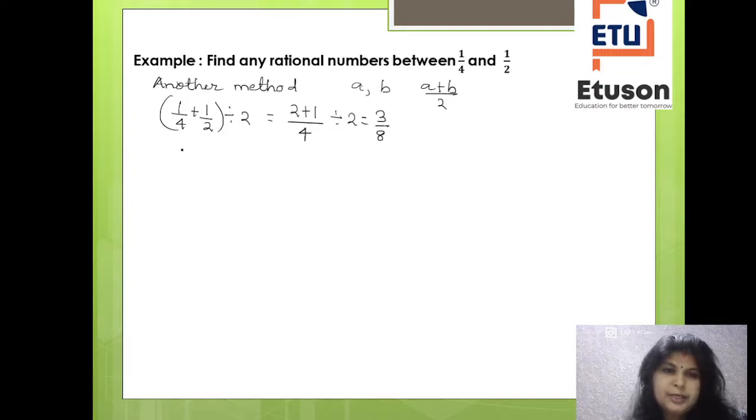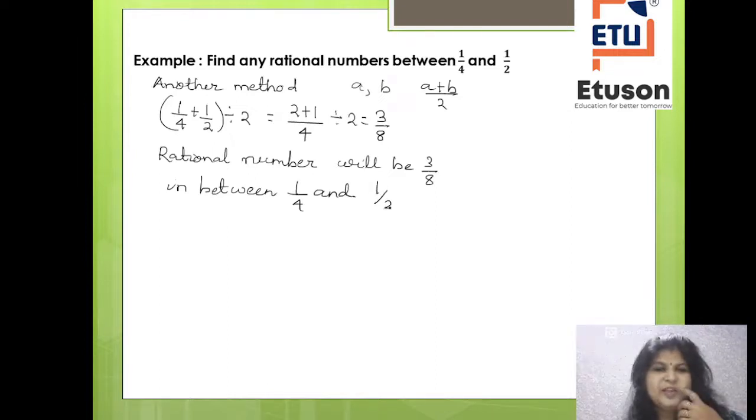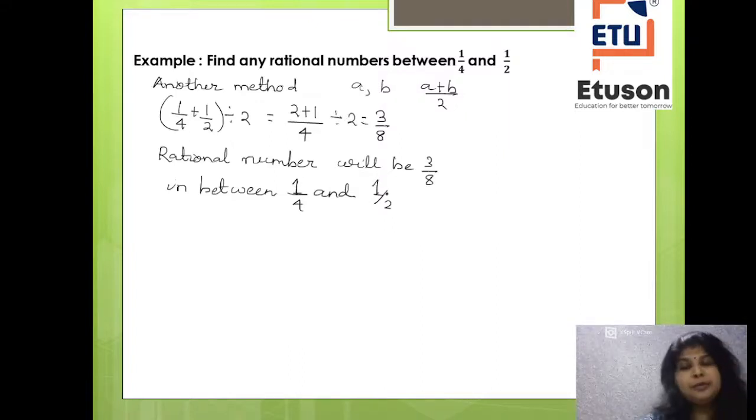Only one rational number you have to find out, so the rational number will be 3 by 8 in between 1 by 4 and 1 by 2. Are you getting me?